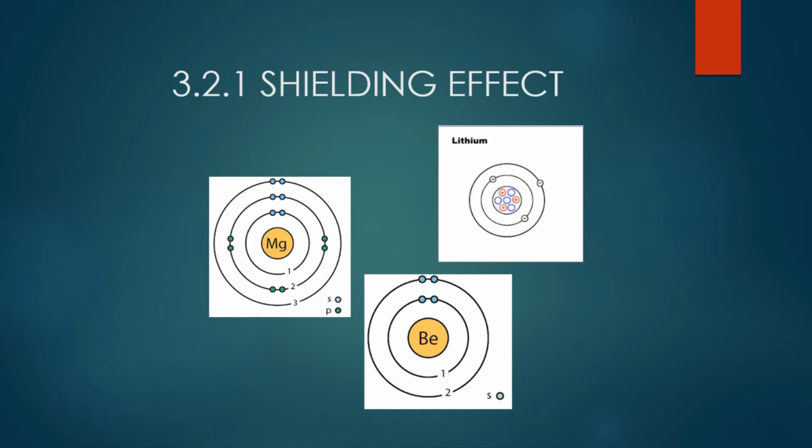It has 3 shells, K, L and M. First shell is K, it has 2 electrons, second L with 8 electrons, and the third is M shell, it has 2 electrons. Now you can see that lithium has 1 inner shell, beryllium has 1 inner shell, whereas magnesium has 2 inner shells. So the size of atom increases from lithium to magnesium.